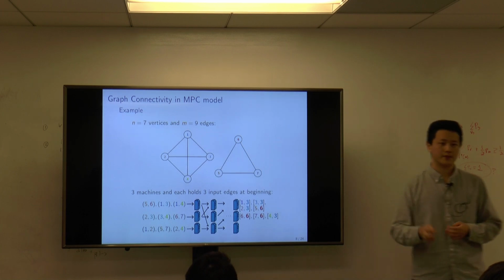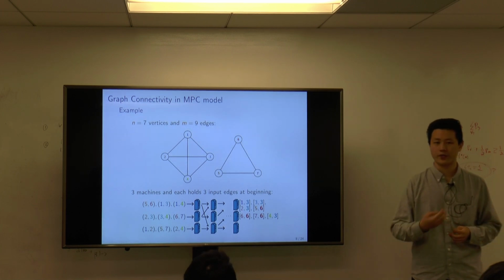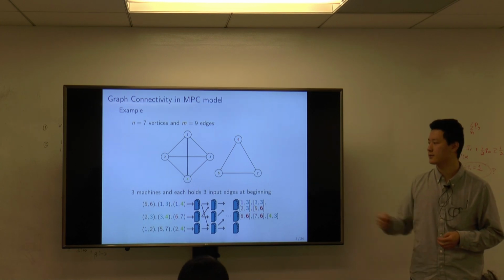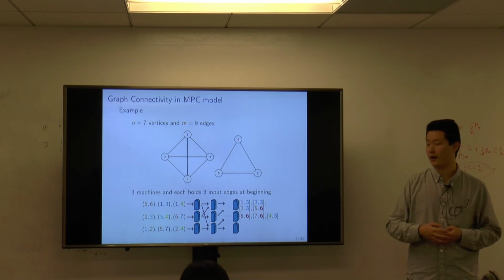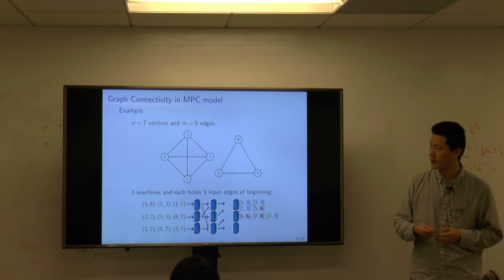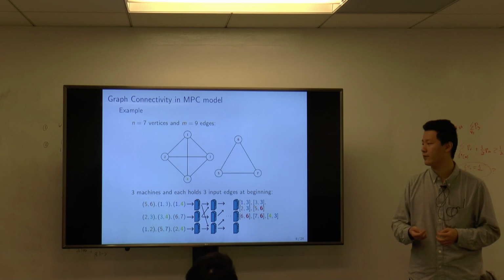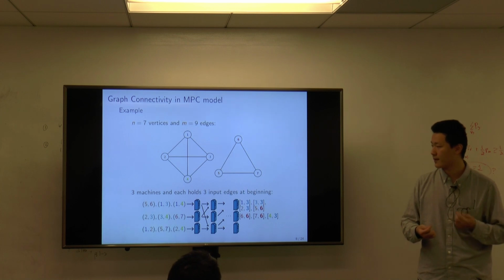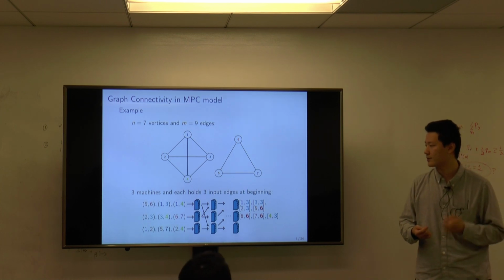Then after several rounds of computation and communication, at the end, there are 2 machines which output some pairs. The first machine outputs 4 pairs. It assigns the vertices 1, 2, 3 the color 3 and assigns the vertex 5 the color 6.